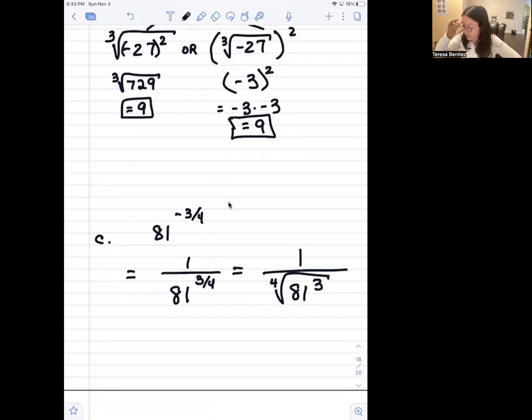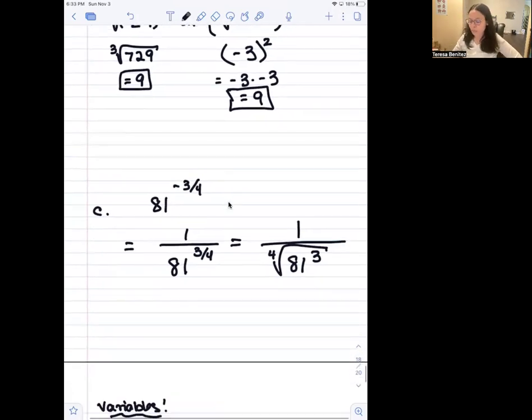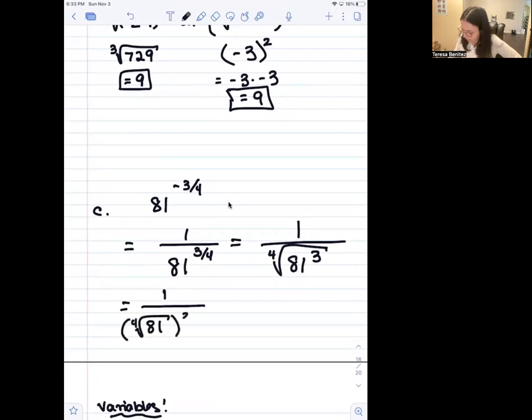But similar to the previous example, 81 to the power of 3 is going to be a huge number. So this is also equal to 1 divided by the 4th root of 81, to the power of 3.